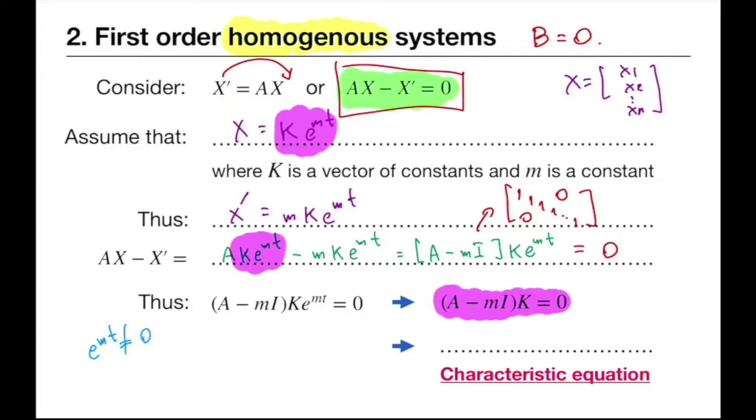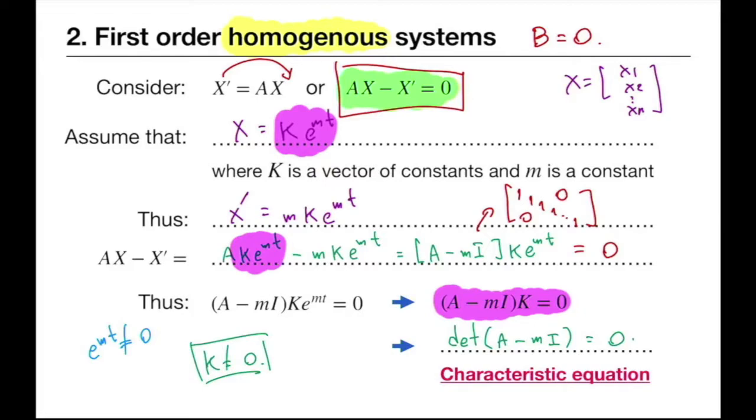And if this guy is 0, it means, from high school, that the determinant of A minus mI is 0, because we assume that K is not 0 as well.